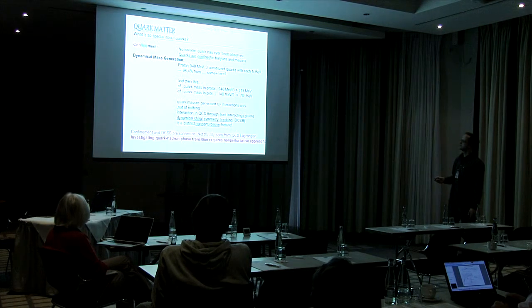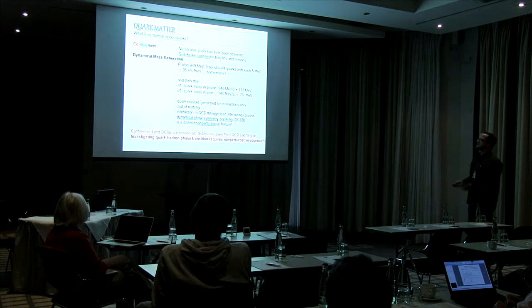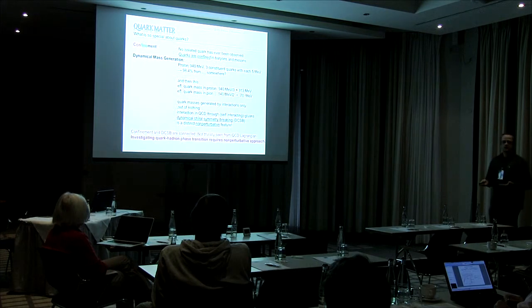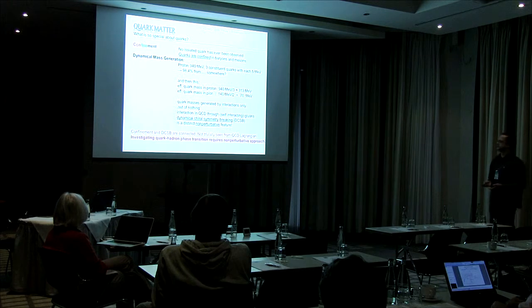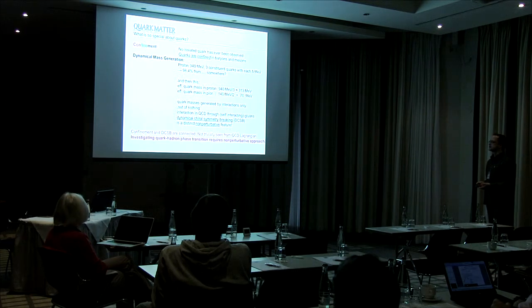If you look at a pi and 140 divided by 2, we have 70. So it's not simply just adding up, there's some interaction involved, and that interaction happens obviously in a very non-trivial way. So quark mass is generated by interactions only out of nothing. Actually, in a good model, if you put here 0 MeV, you would still obtain roughly 1 GeV.